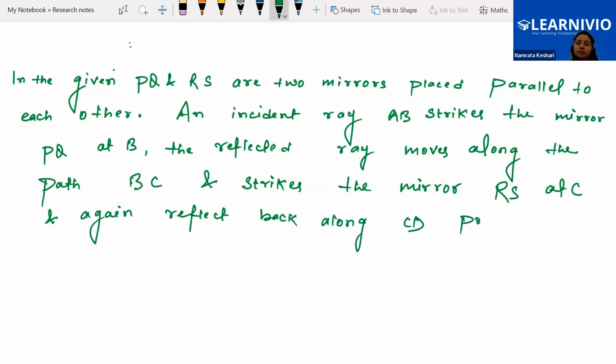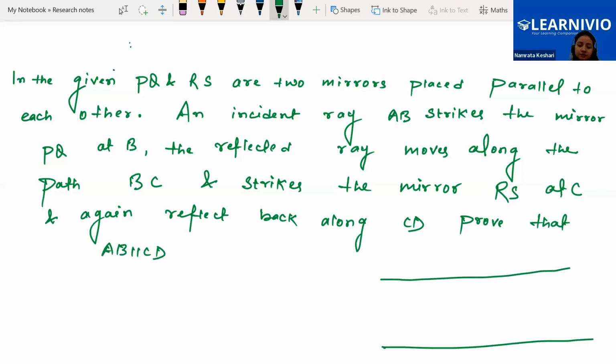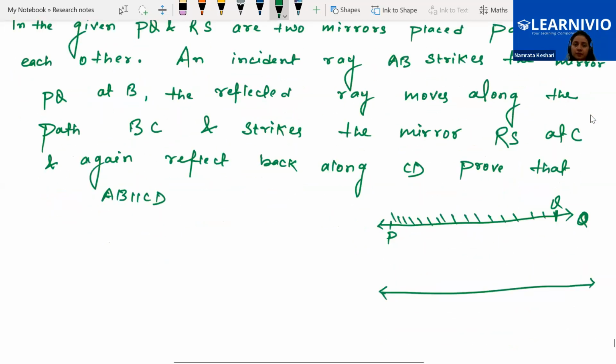Prove that AB is parallel to CD. This is a mirror, okay? PQ is a mirror and here RS is also a mirror.